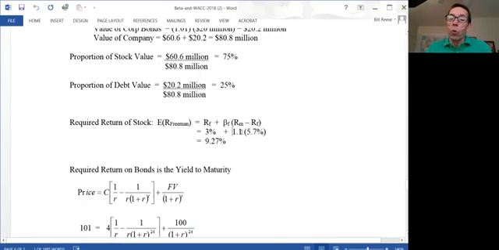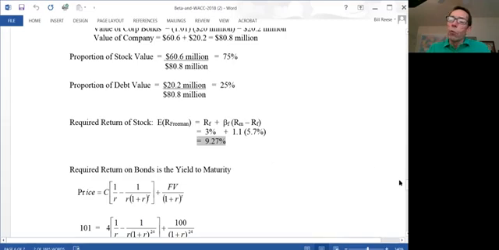So Freeman's risk premium is going to be 1.1 times 5.7%. Add to that the risk-free rate, and the total required rate of return on Freeman stock is 9.27%. So the stockholders are saying, don't do any projects unless we get 9.27%.